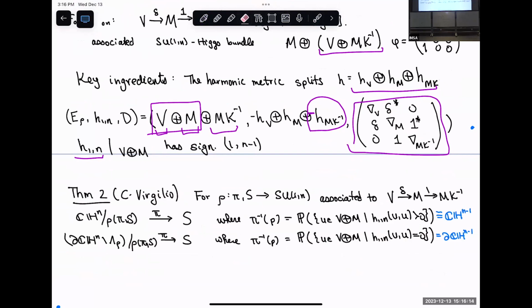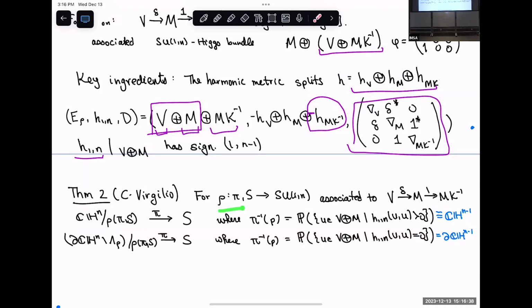So here's the theorem we actually proved, which is theorem 2, describing the quotients of these. So here's, I guess, an answer to your question, Carlos. What is the quotient of CHN, or the ball, by the whole group? It's a CHN minus 1 bundle over the surface. So the fibers are non-compact. Okay, so we describe those geometric structures very explicitly.